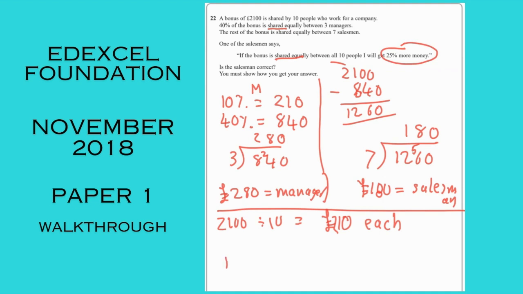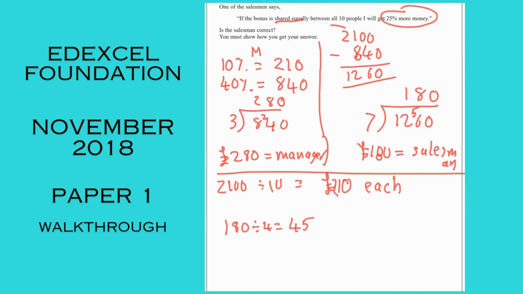So is 180, 25% a quarter. So if we halve it and halve it again, it's £45. That means he is saying 25% more money. He is saying he will get more.